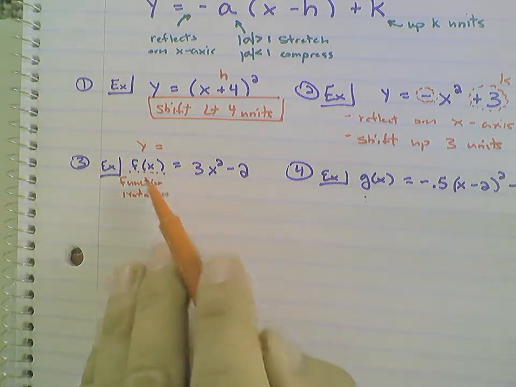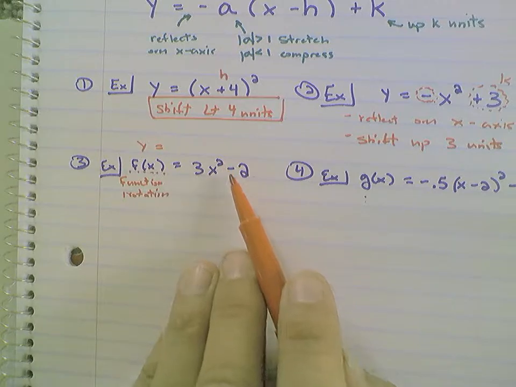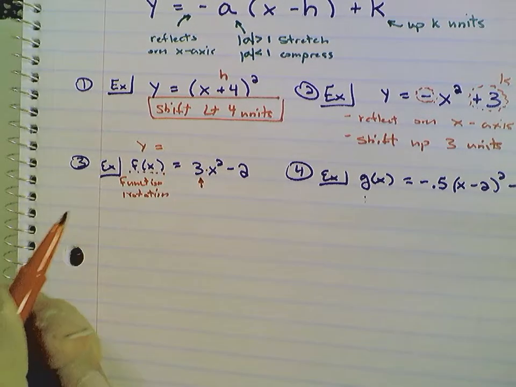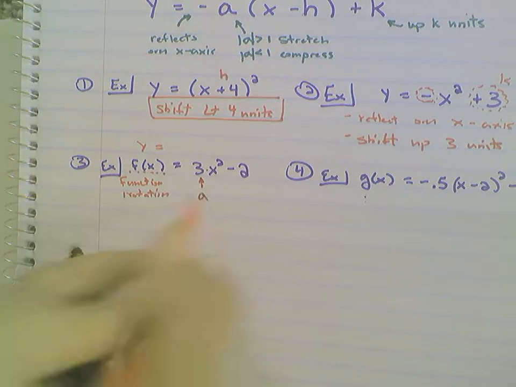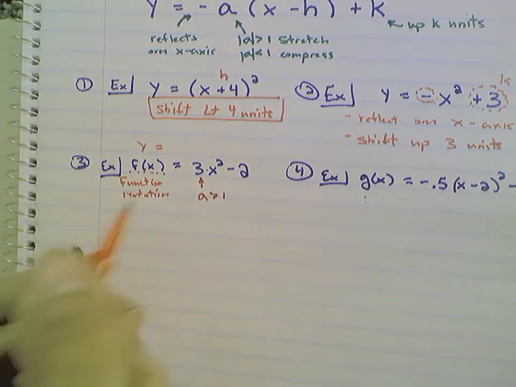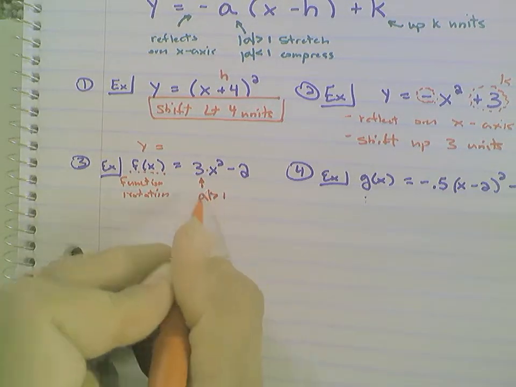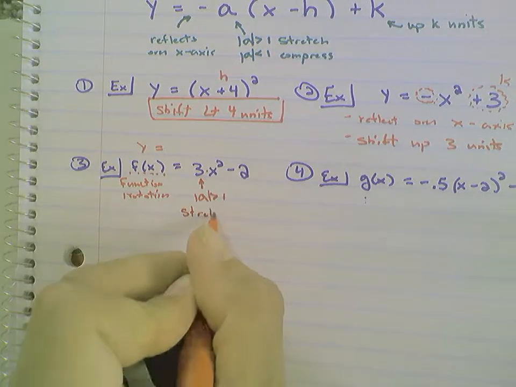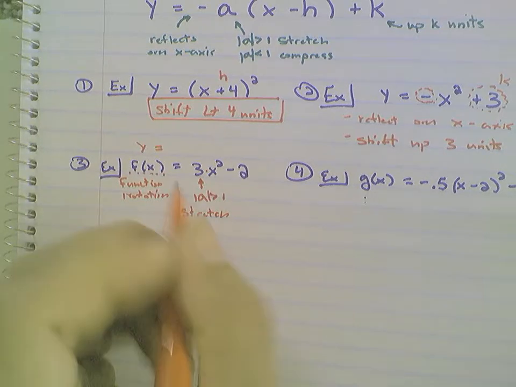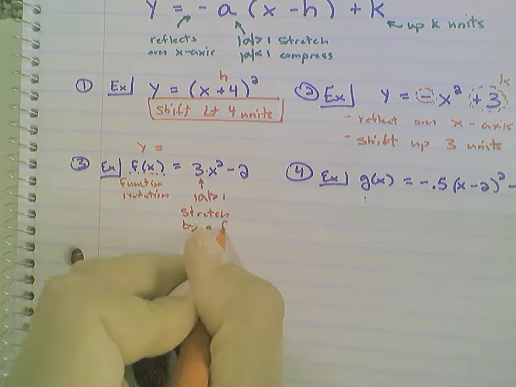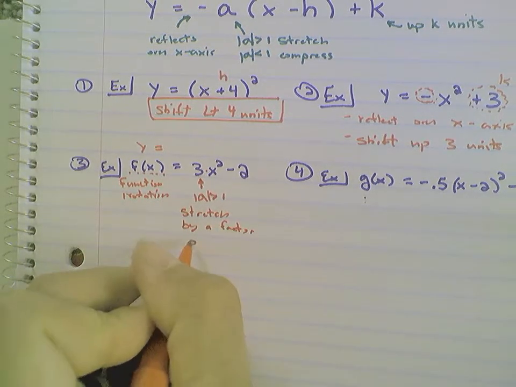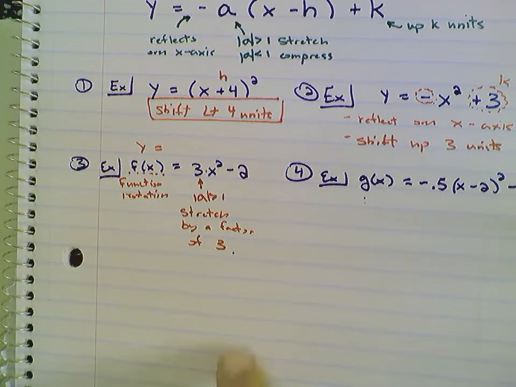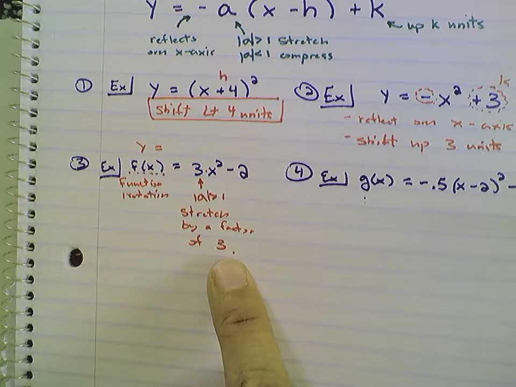So if I look at this, I have f of x equals 3x squared minus 2. Notice that I have something being multiplied on the outside, so that is the a. I also notice that the absolute value of a is bigger than 1. So that means that it's going to stretch the graph or the function by a factor of 3. Anytime a is bigger than 1, it'll end up stretching the function by whatever it is.